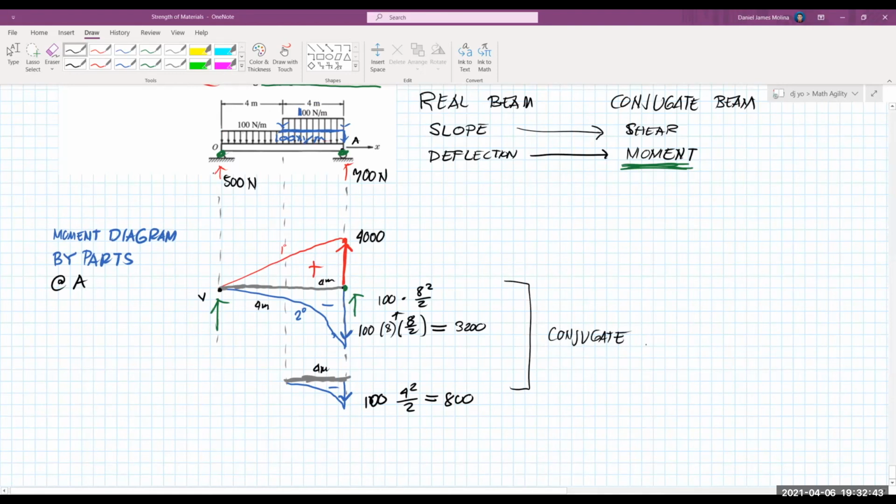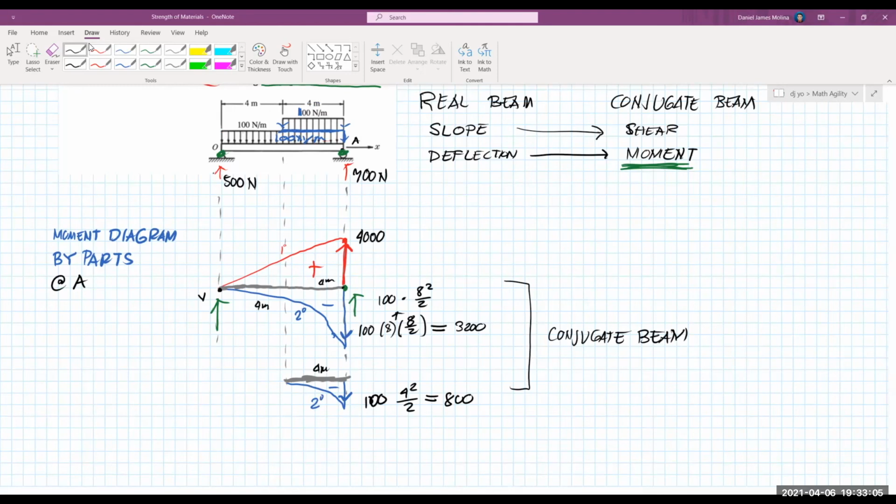Since we have two diagrams here, this is actually only one conjugate beam. This smaller parabolic spandrel here is actually attached to the given beam here.